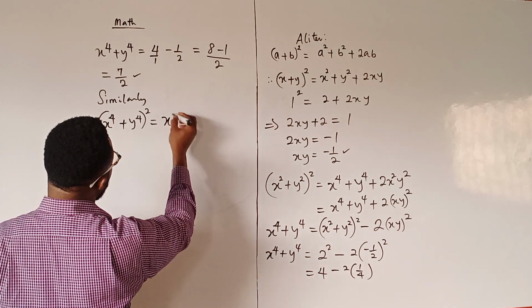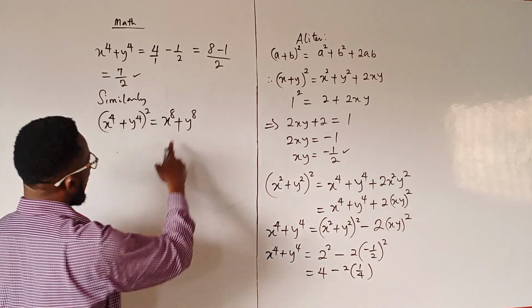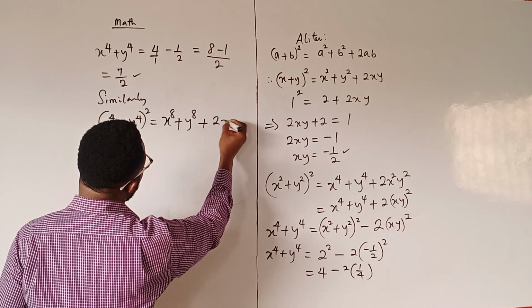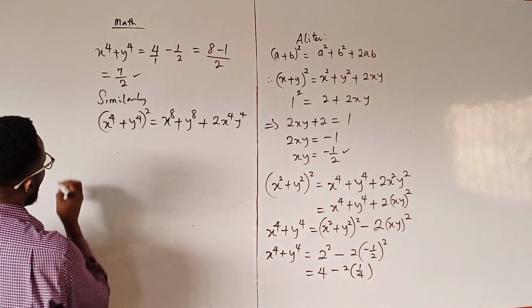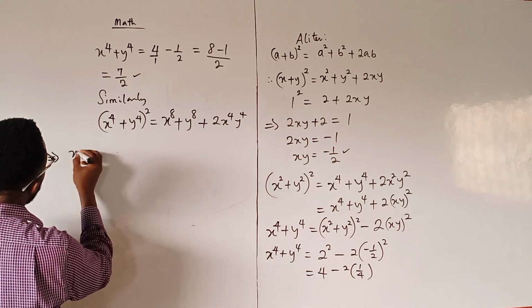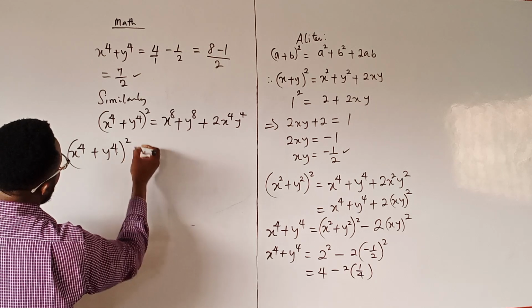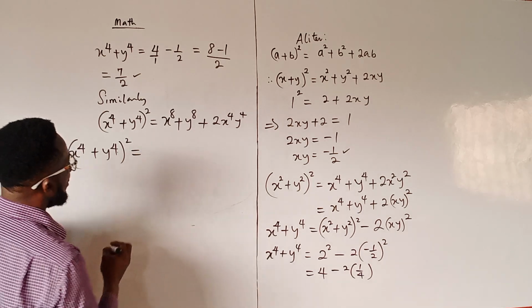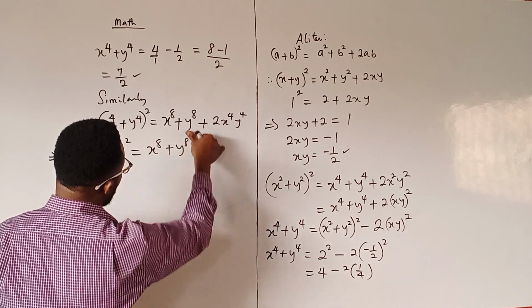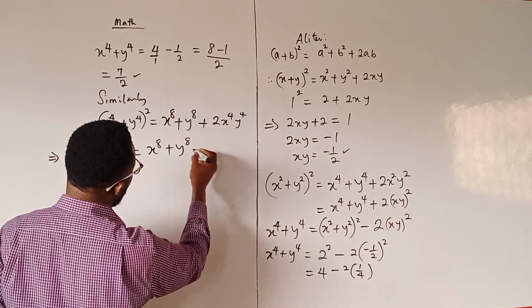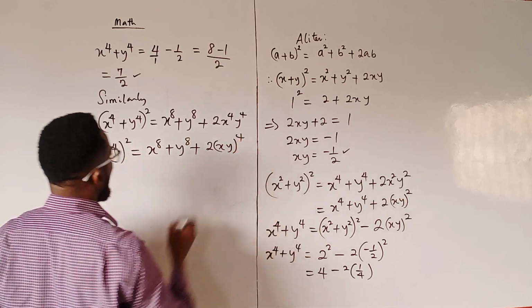That would be s to the 8th, y to the 8th as well, then plus 2s to the fourth y to the fourth. So this could be written as s to the 8th plus y to the 8th, let me write this properly, plus 2sy raised to the fourth.